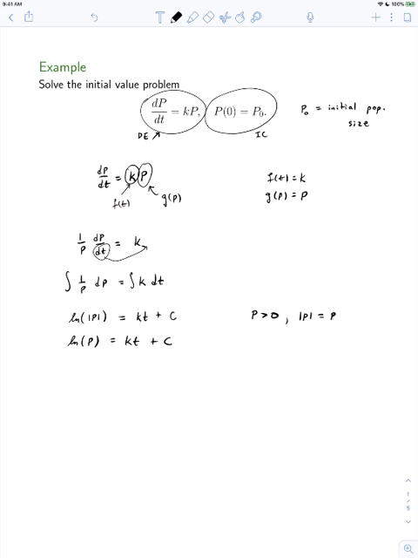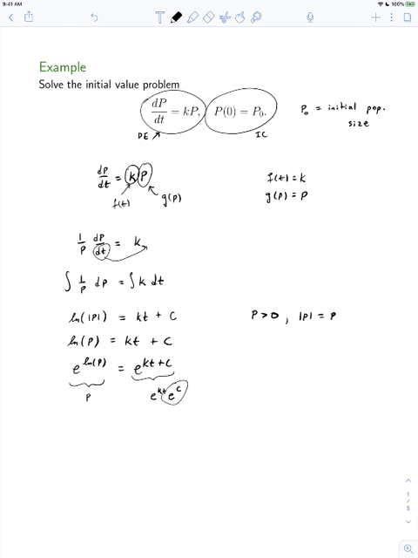We exponentiate both sides. On the left, we have e to the ln P. The e and the ln cancel, and we just have P. On the right, we do something that we did before. We write this as e to the kt times e to the C. These are two exponentials with the same base, so if you multiply them together, you add the exponents.